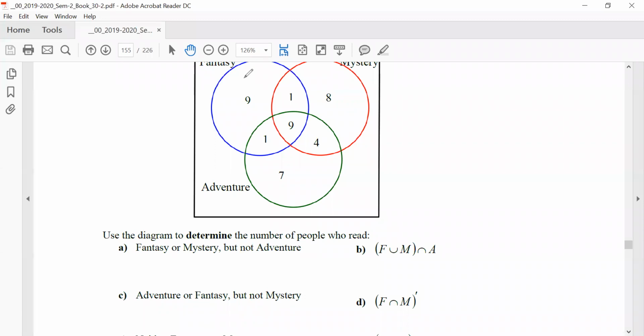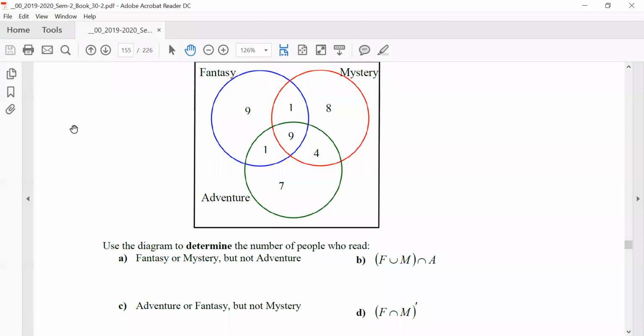Fantasy or mystery, but not adventure. So, fantasy or mystery, but not adventure. Okay. So that's going to be 9 plus 1 plus 8. Sounds like 18 people.